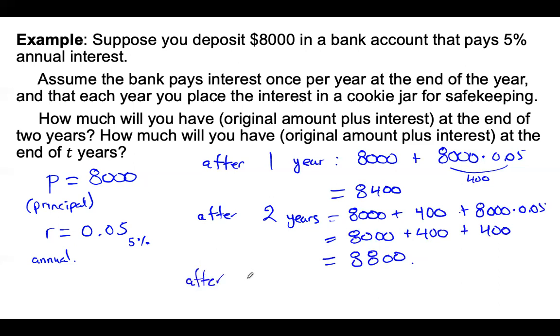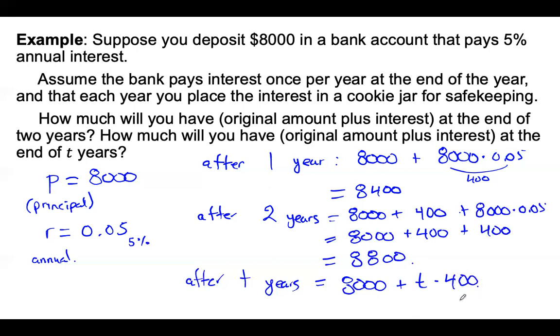So after 2 years, we're basically going to get 800 plus this t, the time, like 1 year, 2 years, times our 400.